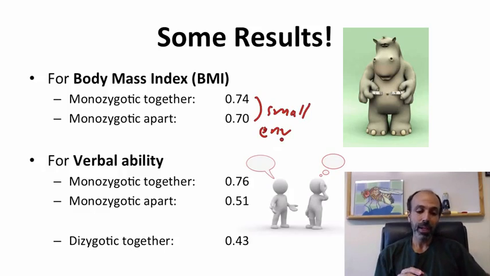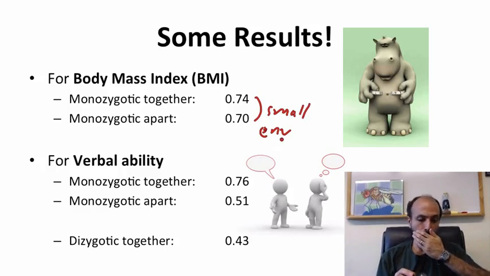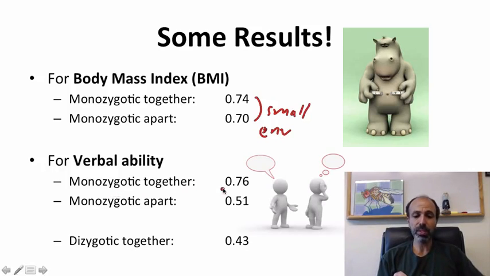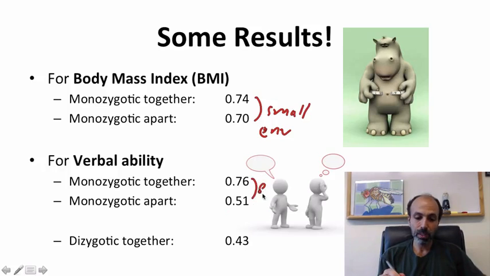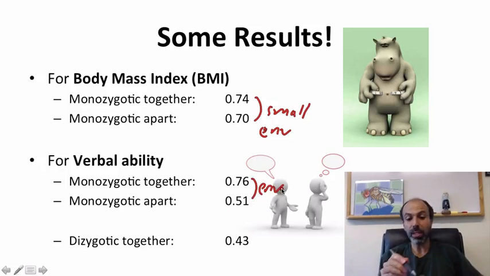In contrast, for verbal ability, monozygotic twins reared together had a correlation of 0.76, whereas monozygotic twins reared apart had 0.51. So it suggests a very strong environmental component to verbal ability. Now we can again do the same thing with the monozygotic versus dizygotic.